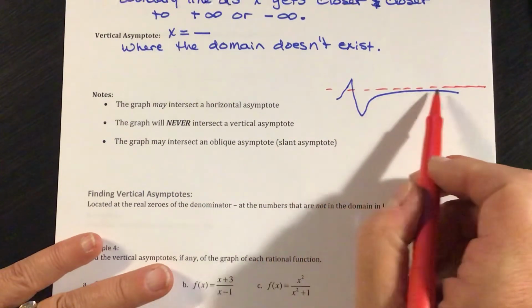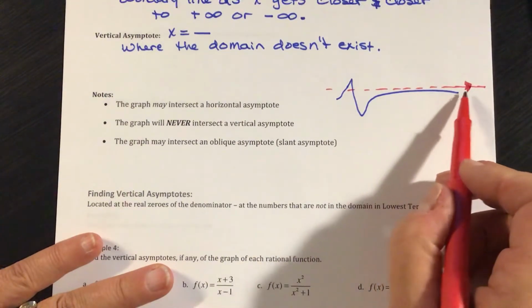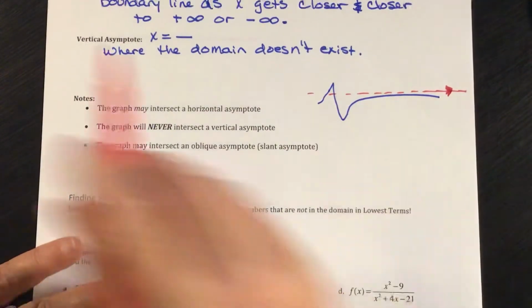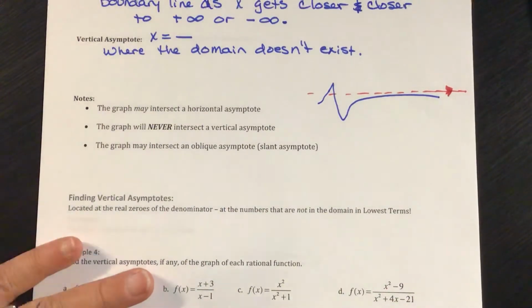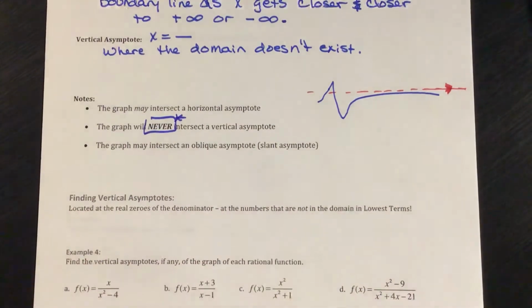That's okay. We're just kind of looking at what is happening as x is getting larger and larger, all right? But the graph will never intersect a vertical asymptote.